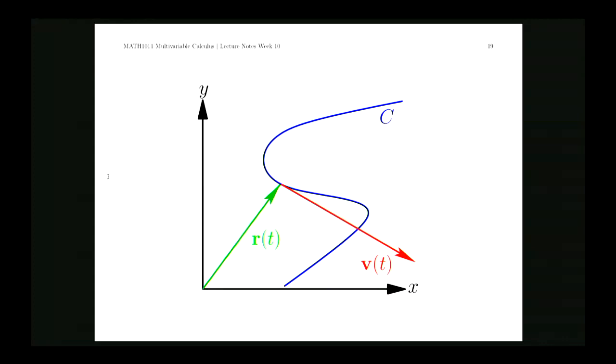As t varies, I've got this vector r of t. If I follow what the head of that vector is doing, it traces out some curve. That's the curve I'm trying to represent parametrically. And its derivative, the velocity vector, is a vector that's tangent to the curve at a particular point t.